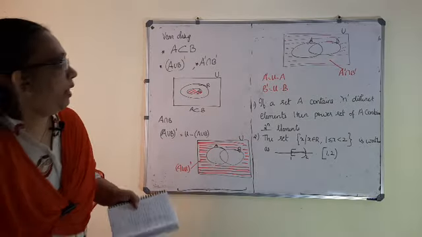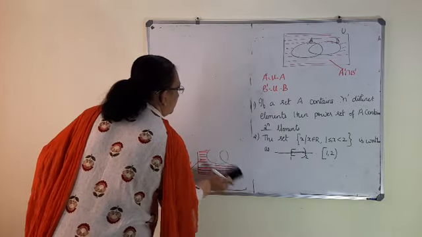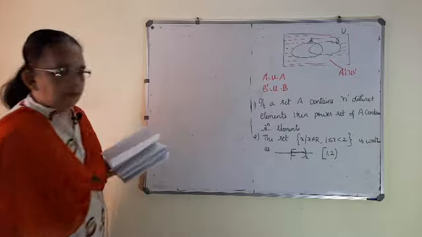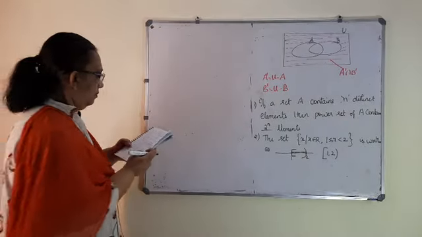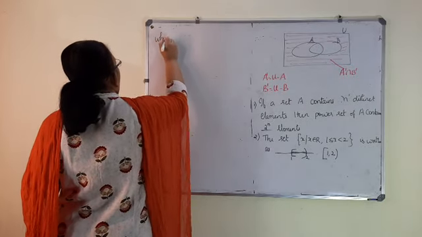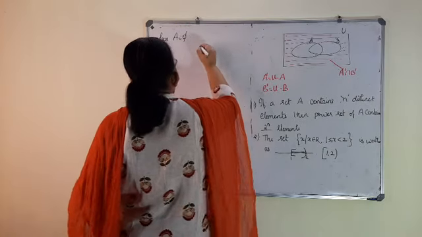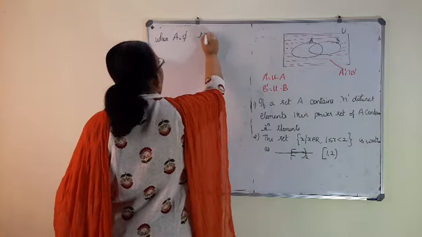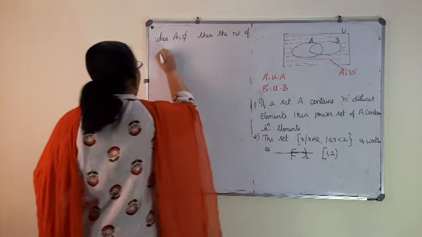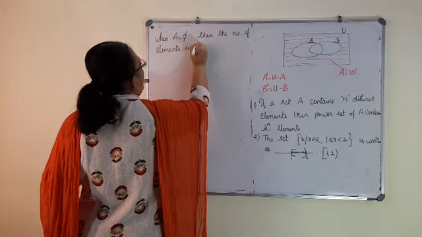Next one. When A is equal to 5, then the number of elements in power set of A?